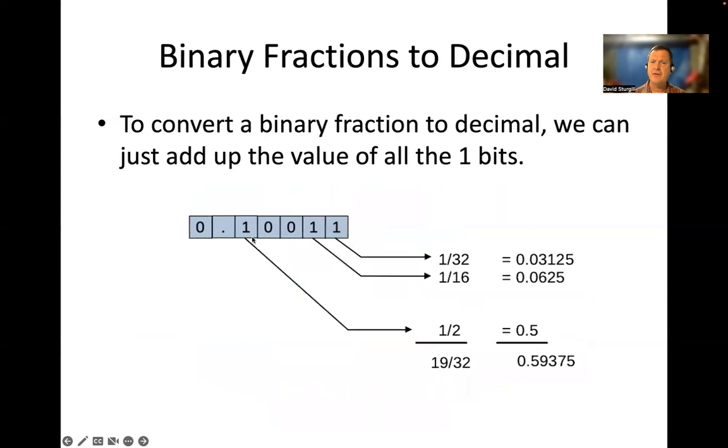You would just take the value of each bit, and that's kind of what I've done here. If this bit is worth 1/2, that's in decimal 0.5. This bit's a 0, but it'd be worth 1/4 if it was non-zero. This would be worth 1/8. This is worth 1/16, so I wrote that down, and in decimal that's 0.0625, and this is worth 1/32. In decimal that's 0.03125, and if I add all of those up, the value of each of the 1 bits, I can see that this binary fraction is worth 0.59325.